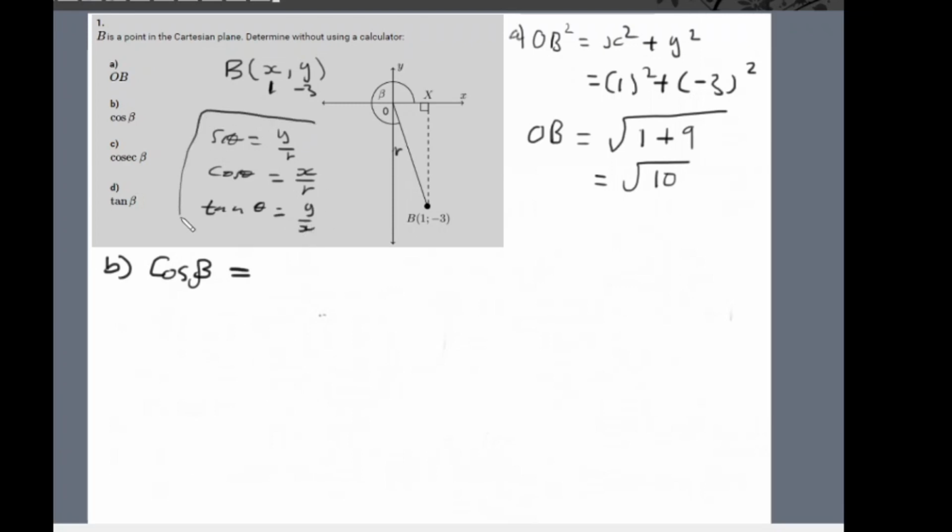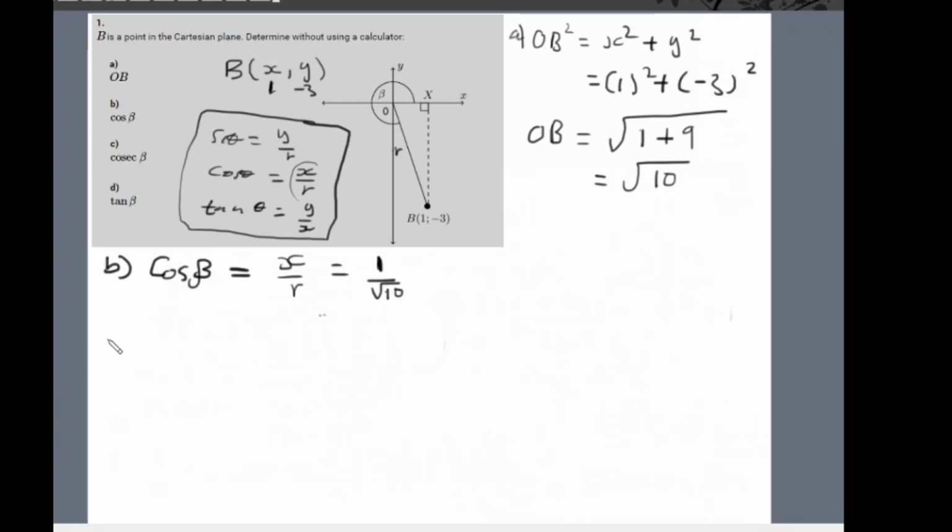This is how we defined the trigonometric ratios on the Cartesian plane. So cos beta will be x over r. X is 1, r is the radius, which is OP. So this is 1 over the square root of 10.